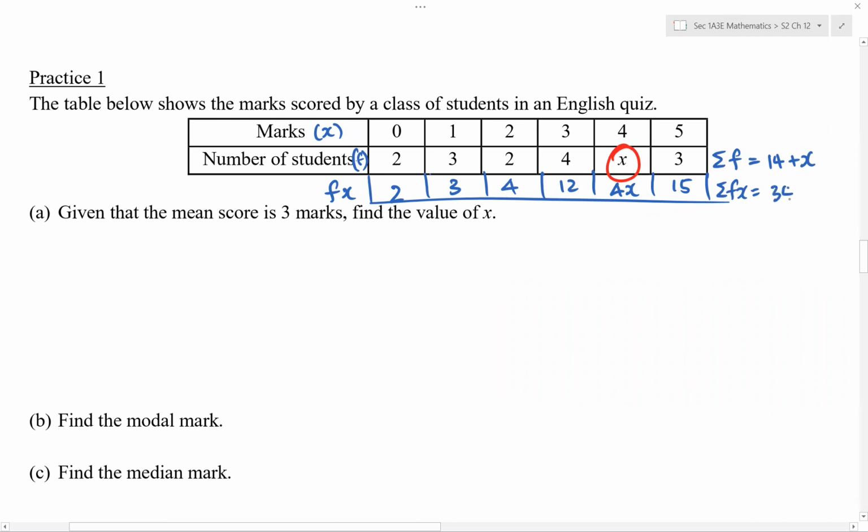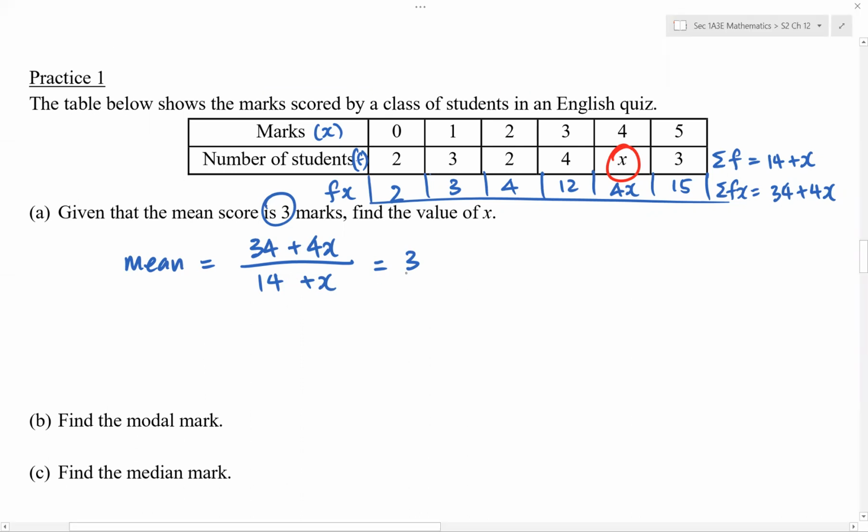So we get 34 plus 4x. Okay, so the mean, the calculation would be the total mark, 34 plus 4x, divided by the total number of students, so 14 plus x. And this will give us, according to the question, the mean, they tell us it is 3.